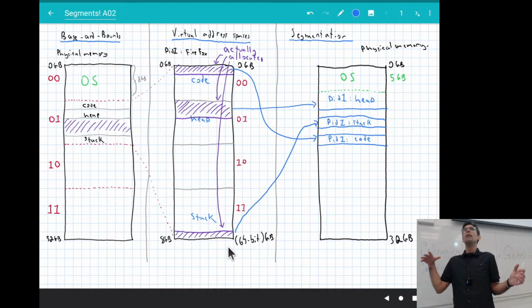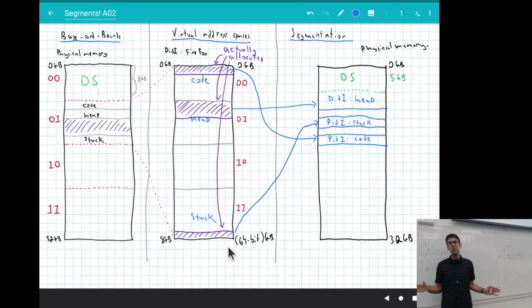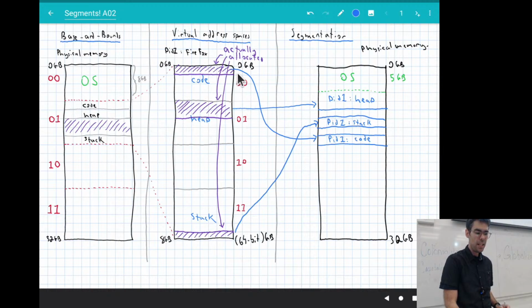But for now, it's so unimaginably big that we've got a huge amount of space that could potentially be used by this process. It's no longer limited by just 8 gigabytes. And instead of allocating the entire virtual address space, we are only allocating the parts of the address space that we are actually currently using, and we're allowing these allocations that we're making for this process to vary in size.